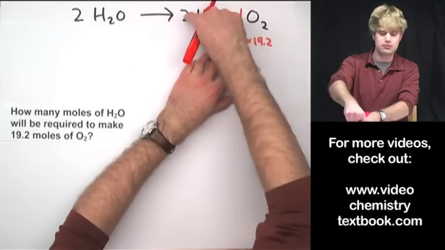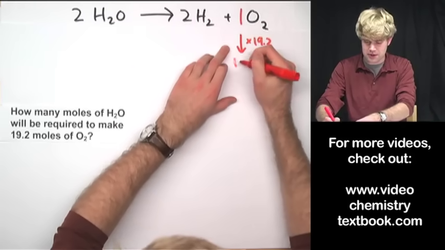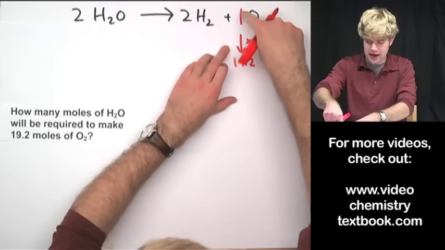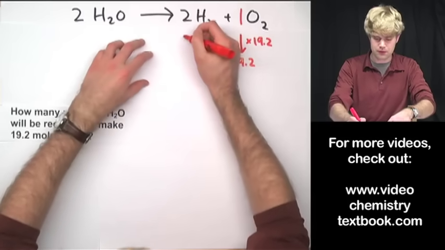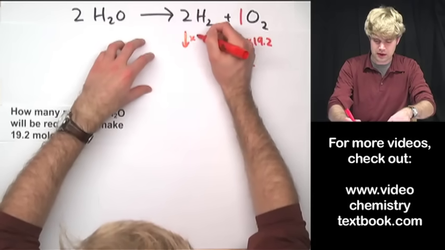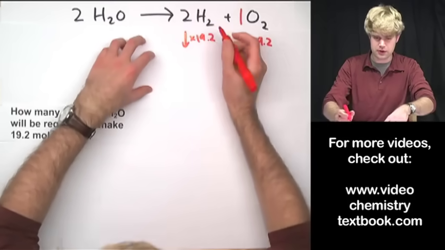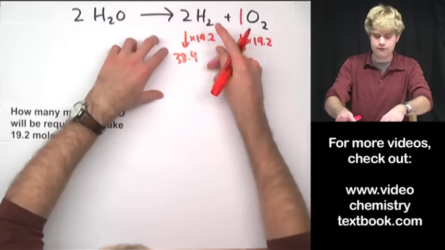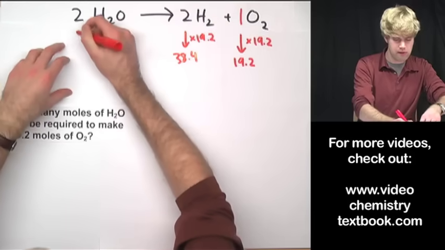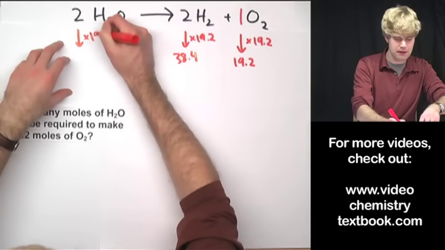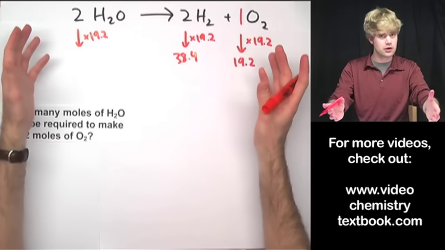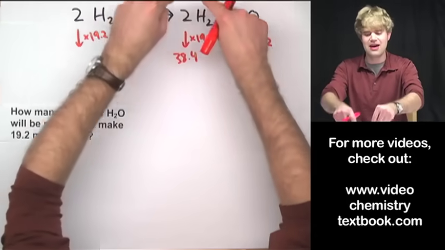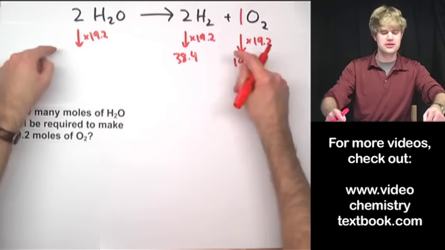And now if we multiply it by 19.2, it will become a recipe for 19.2 O2. Times 19.2, and this is going to give me 38.4 moles of H2. Multiply this by 19.2, because just like when you're cooking, right, you got to multiply everything in the recipe by the same number.